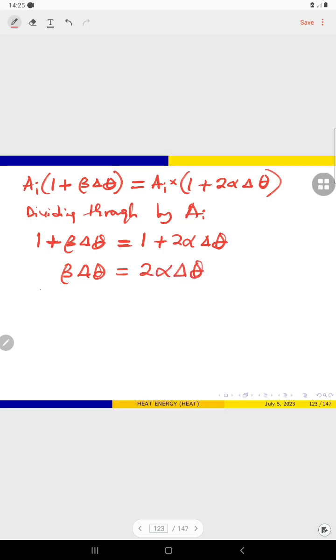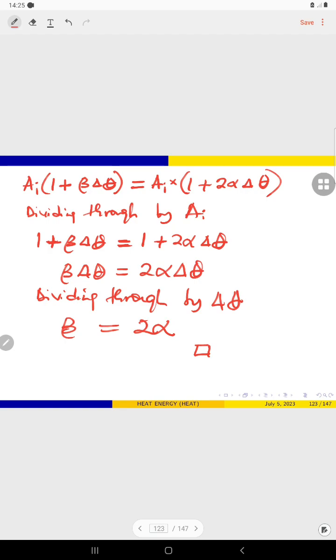And when we divide through by delta theta, we will be left with beta equals 2 alpha. So we have shown it, as required. That is all. So that is a nice way of proving that equation.